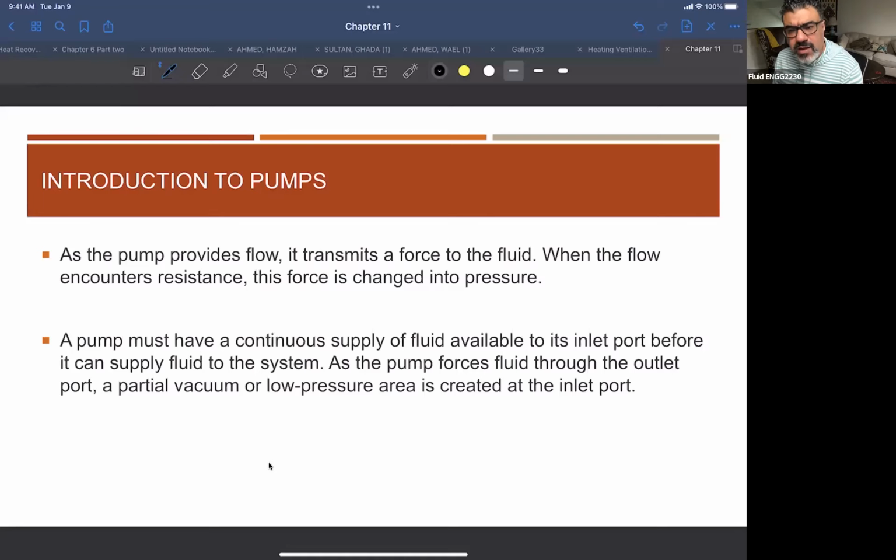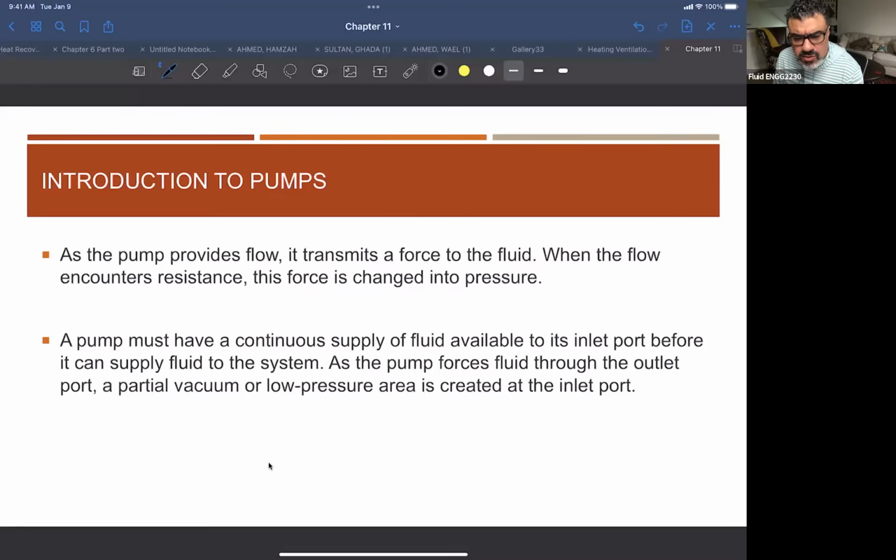So you're going to have flow coming into the pump and flow going out of the pump. According to the conservation of mass, whatever comes in has to be the same as whatever flows out. It's easy to do this for an incompressible fluid, because in this case the density is the same, assuming that the pressure is not changing that much.